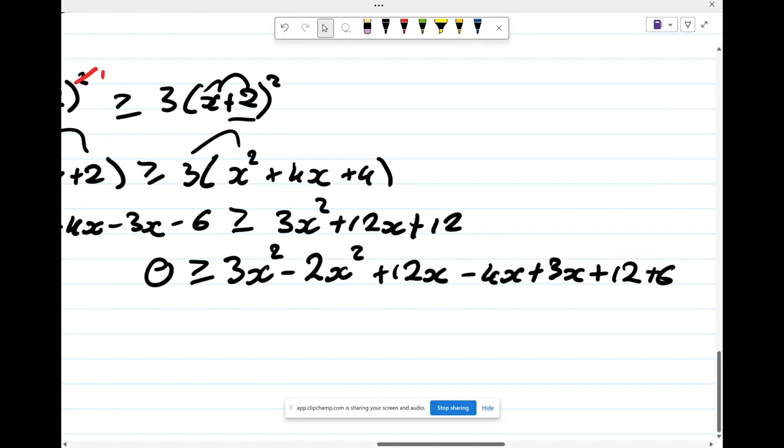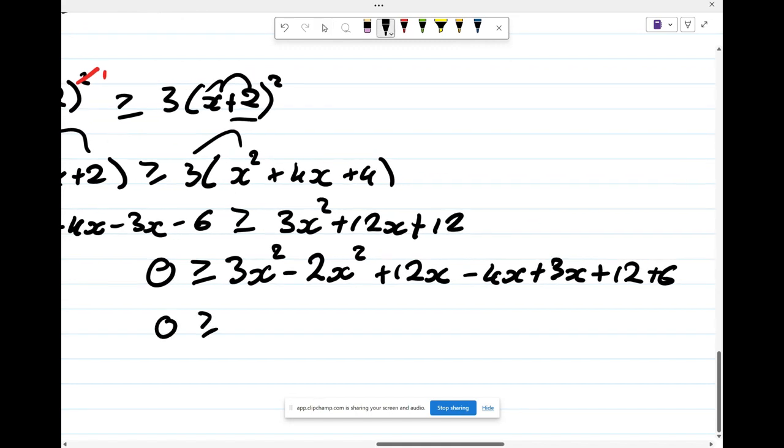Great. So now we can do a little adding and subtracting. 3x squared minus 2x squared is just x squared. 12x minus 4x plus 3x is going to be 11x. And 12 plus 6 is going to be 18.